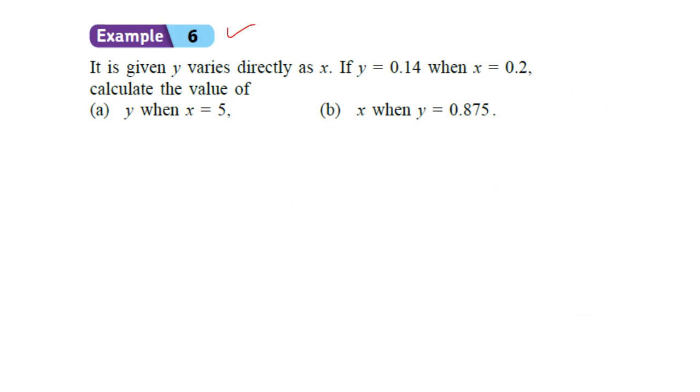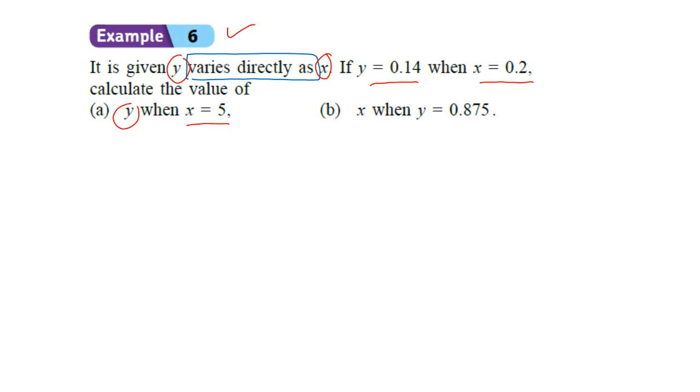Example 6. It is given y varies directly as x. If y equals 0.14 and x equals 0.2, calculate the value of y when x is 5. This time you are asked to find one of the values in the variable.